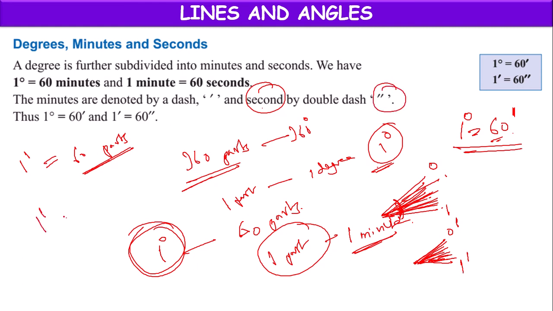So 1 minute equals 60 seconds. We can write them as straight lines, or slant lines.